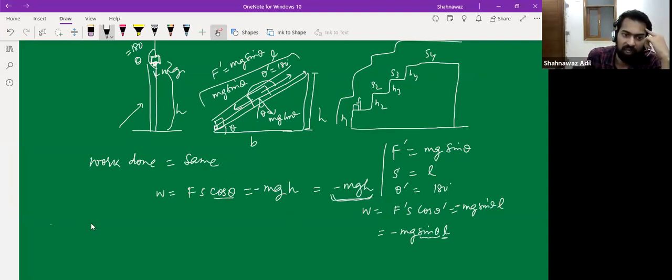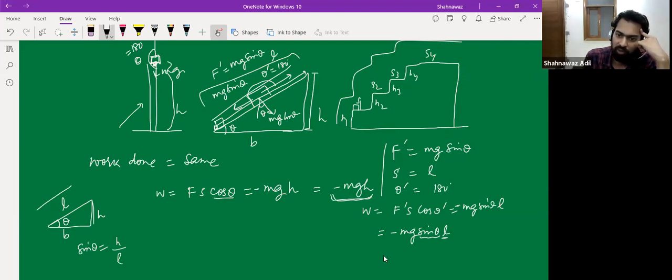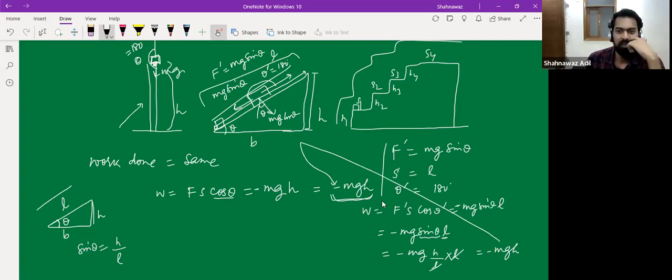In this triangle, we have this theta, this is B, this is H, this is L. What will be sin theta? Sin theta will be P by H, so H by L into L. So this is minus mgh, because this should be the answer. So we have seen that both paths give the exact same work done.